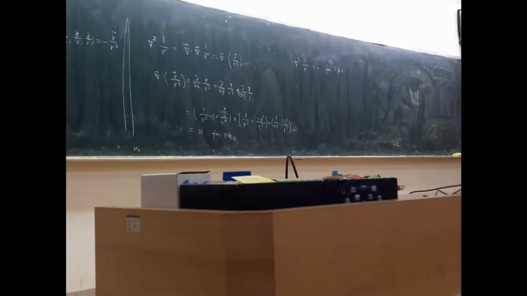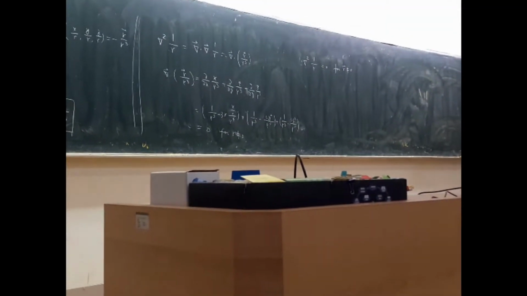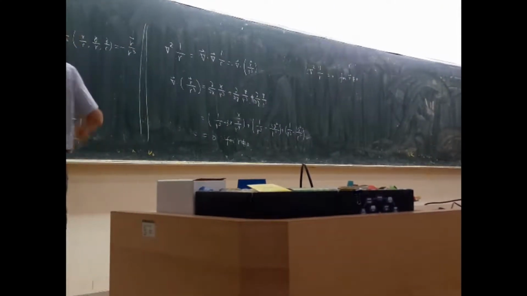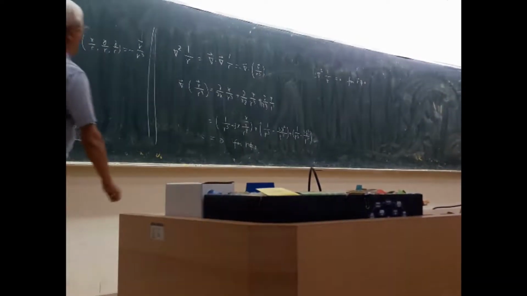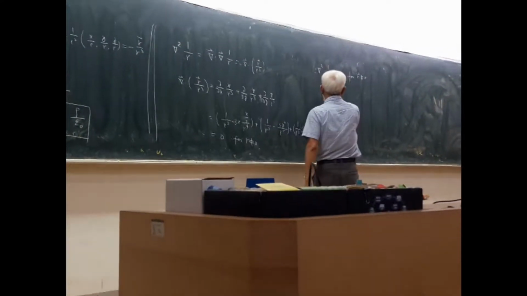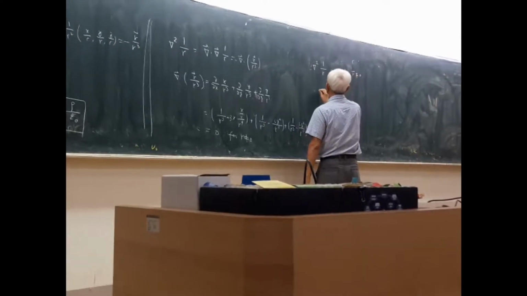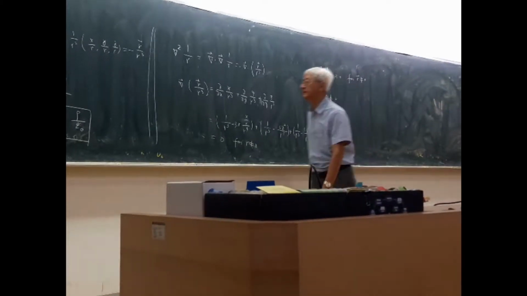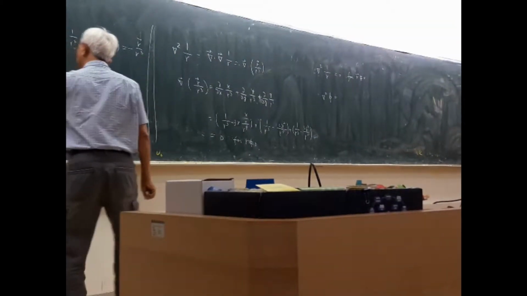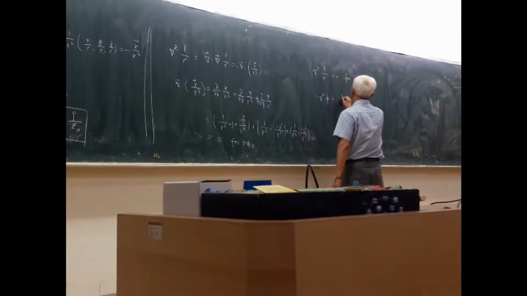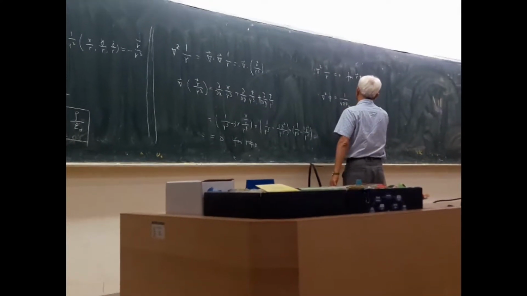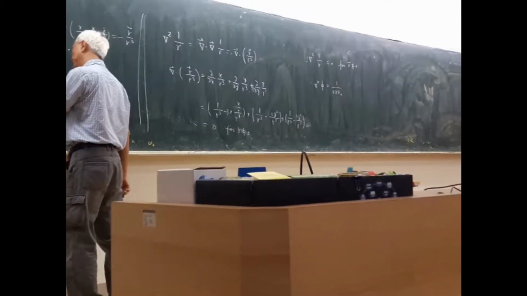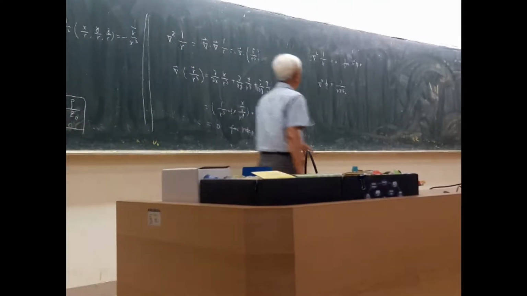So let's apply the Laplacian to phi of r. Okay, so the Laplacian of phi is equal to 1 over 4 pi epsilon naught, and only this one is a function of r, so rho of r prime doesn't matter.